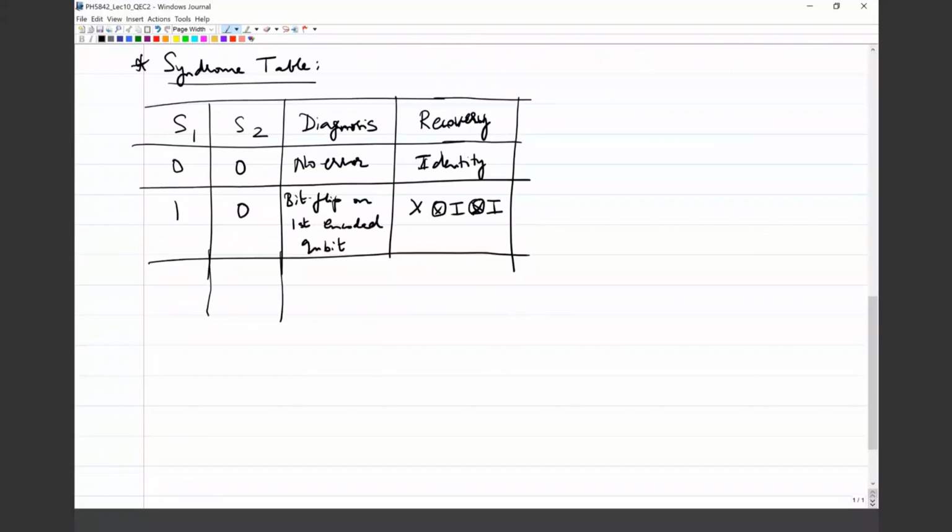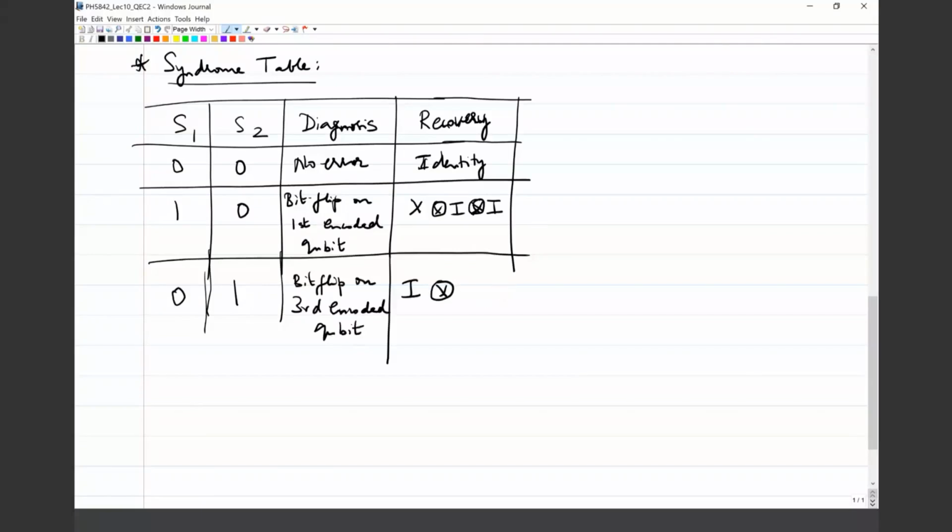0, 1 similarly means a bit flip on the third encoded qubit. And so this then is identity, identity, X, is what you need to apply.